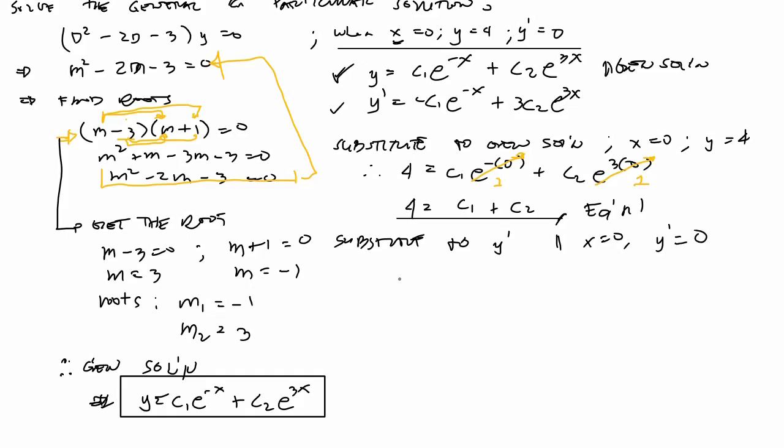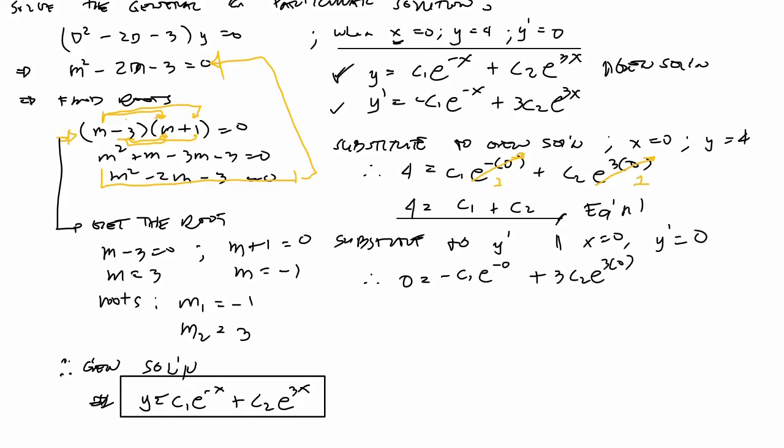Therefore we have 0 is equal to negative C1 e to the negative 0 plus 3 C2 e to the 3 times 0.